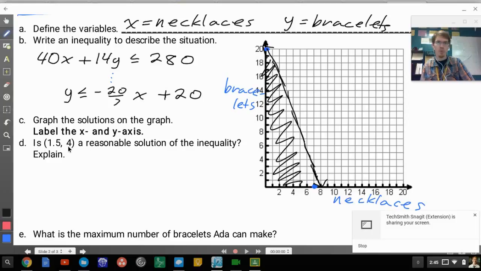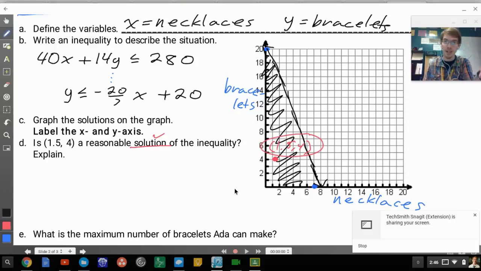Is (1.5, 4) a reasonable solution for the inequality? Well, 1.5 would be somewhere in here, and 4. It would definitely be a solution. The question is, is it a reasonable solution? Does it make sense? Well, 1.5 necklaces.